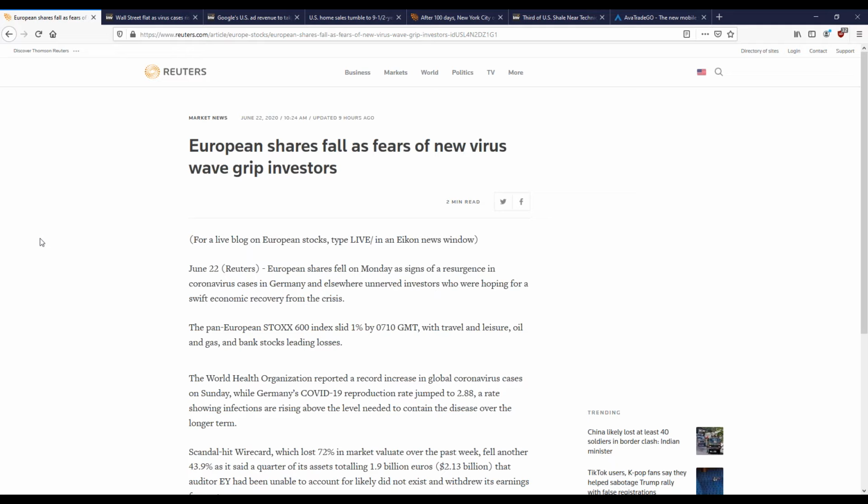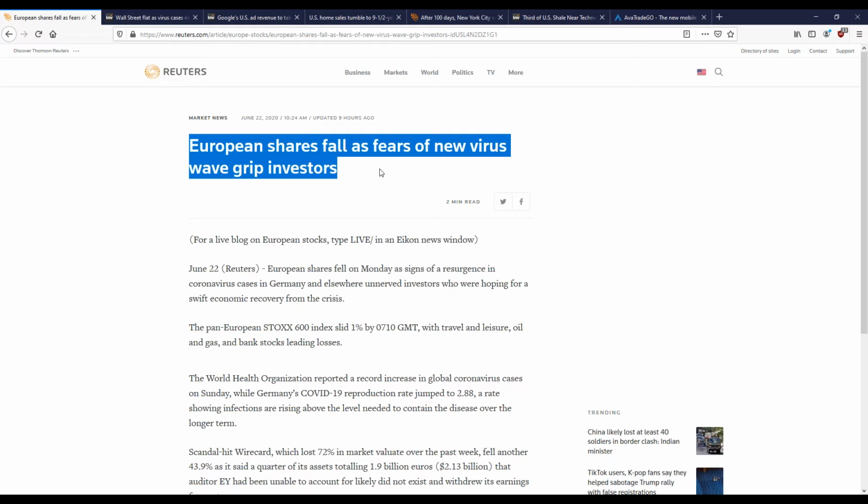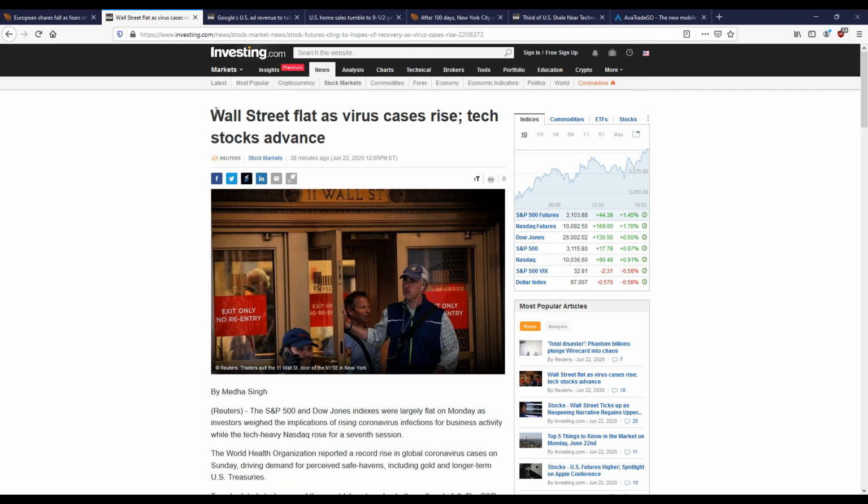So, European shares fall as fears of a new virus wave grip investors. This was earlier today. A little bit of fear on the markets about the spread of the virus, and it's still kind of there. You also see Wall Street was the same way, flat as virus cases rise, but with the caveat that the tech stocks were doing very well.